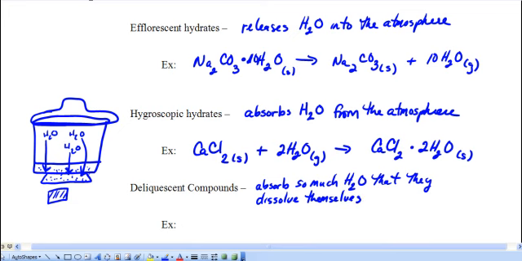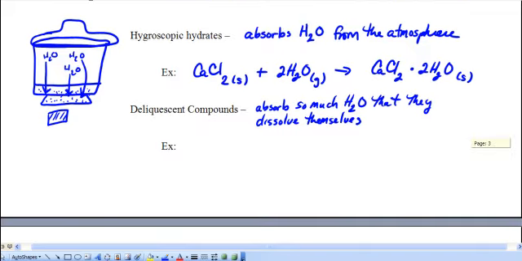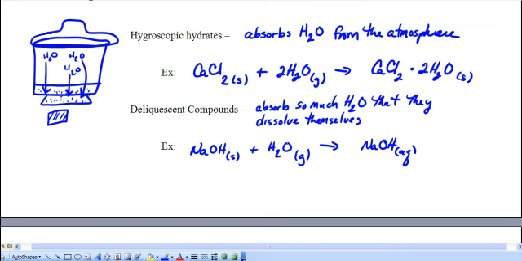Sodium hydroxide is deliquescent. If you have solid sodium hydroxide, it will absorb moisture from the atmosphere, and eventually what happens is you'll be left with sodium hydroxide AQ, dissolved. All right. Lithium chloride does the same thing.